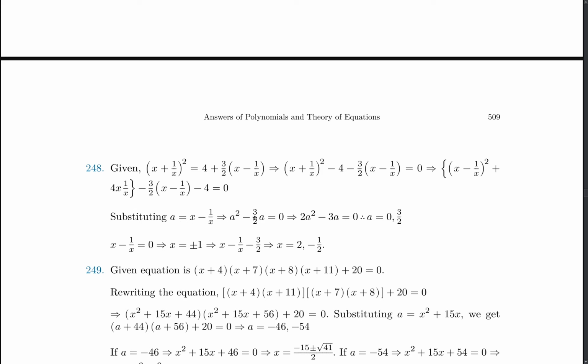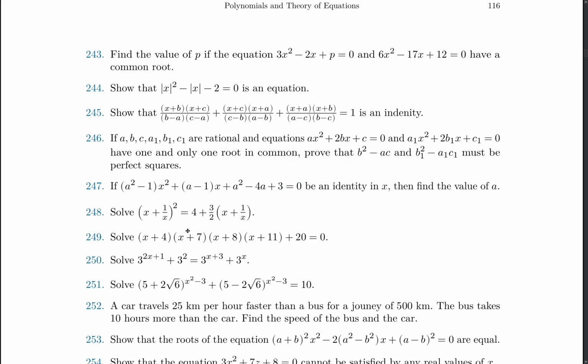So we get a square minus 3 by 2 a is equal to 0, and therefore 2a square minus 3a is equal to 0. So a is 0 or 3 by 2. If a is 0, then x is equal to plus minus 1. Otherwise, if a is 3 by 2, x would be 2 and minus 1 by 2. So you got 4 values of x. I will check the sign of plus.